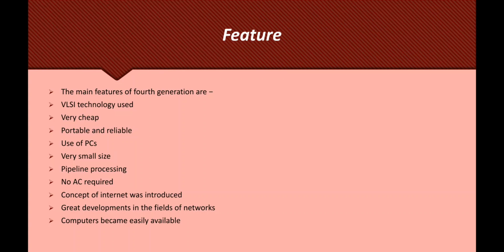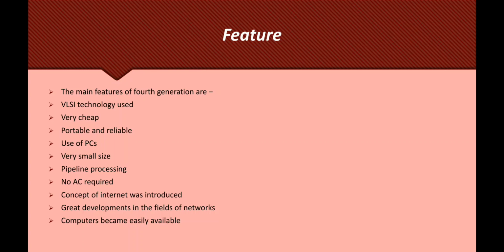And there is use of PCs, meaning we are using personal computers nowadays, so they are in the form of PCs, and very small in size. We know about pipeline processing, that multiple tasks can be given at the same time and it executes them one by one. This is known as pipelining. No AC required, there's no need of AC.